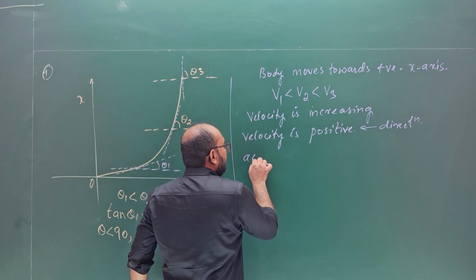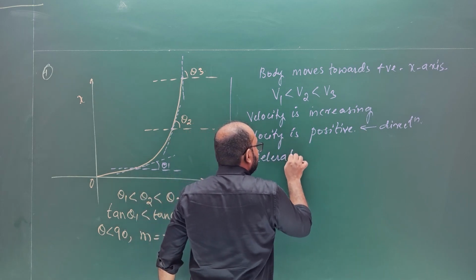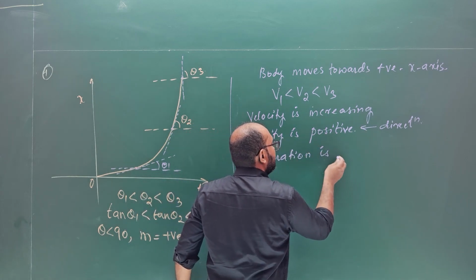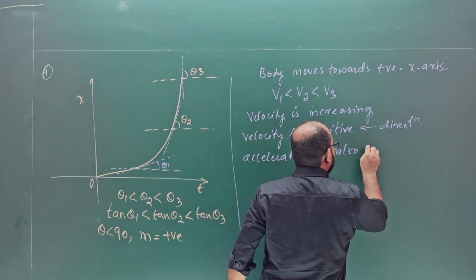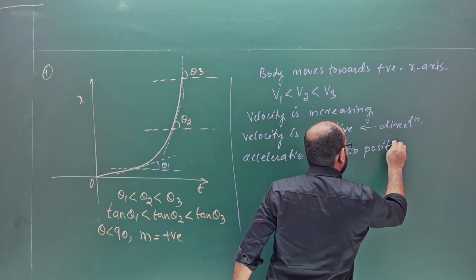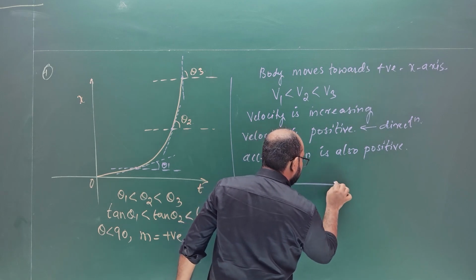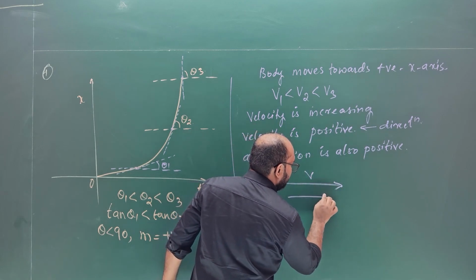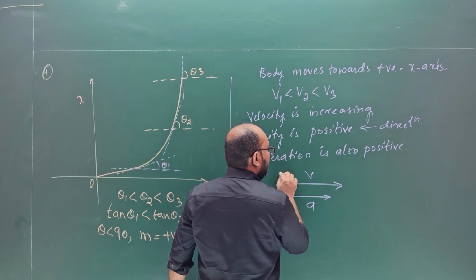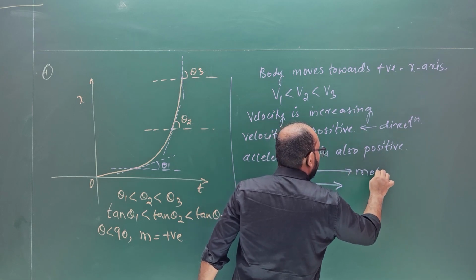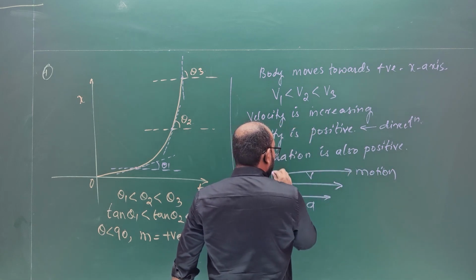So can I say that acceleration is also positive? So can I represent that this is the direction of velocity and this is the direction of acceleration? Similarly, direction of motion. Everything is moving toward the positive side.